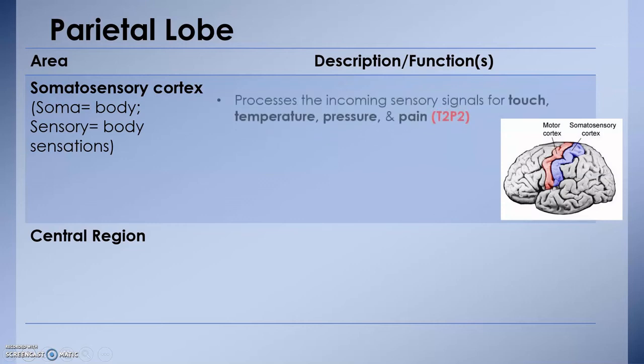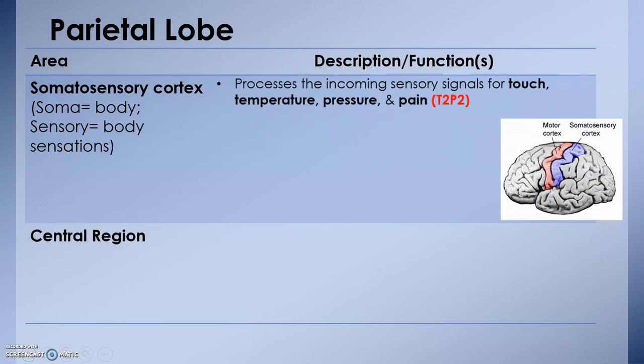Now it processes information about bodily sensations, the incoming sensory signals for touch, temperature, pressure and pain. I like to call it the T2 P2 senses, since it's an acronym and it makes it easier to remember. Since it works with the incoming sensory information, it is a projection area that we have already discussed before, what a projection area is.